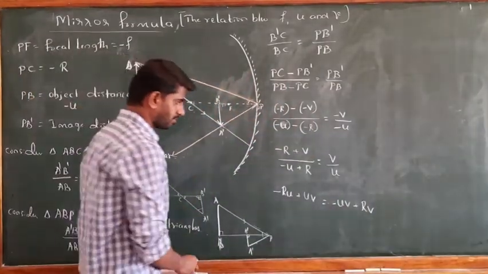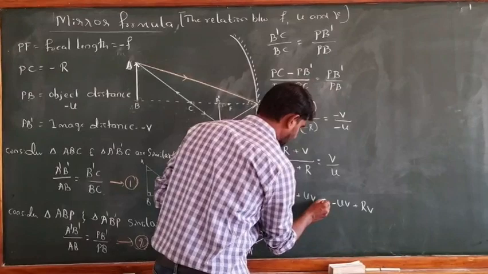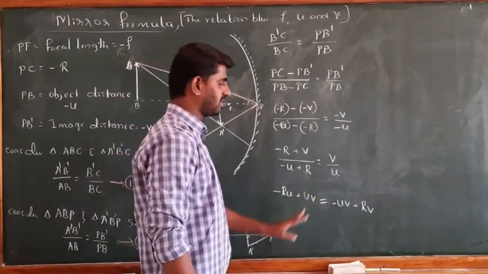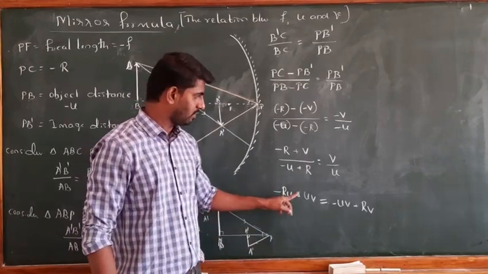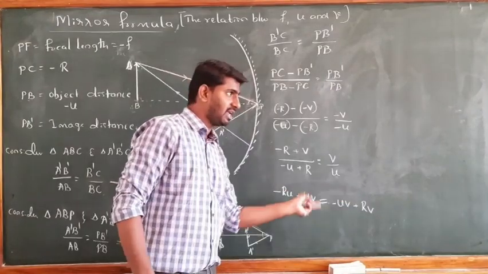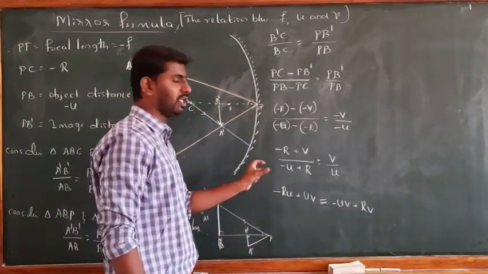Is it clear? Then rearrange the terms. Once again, minus RU plus UV equals minus UV plus RV. Rearrange the terms so that you get only positive terms.